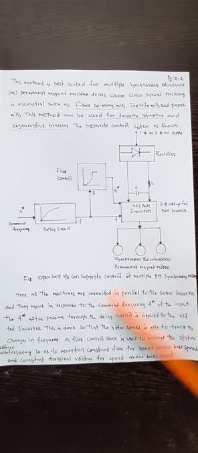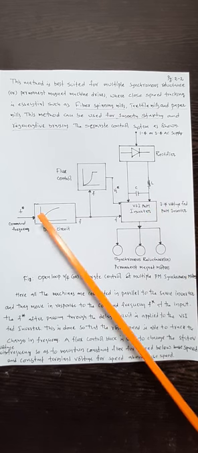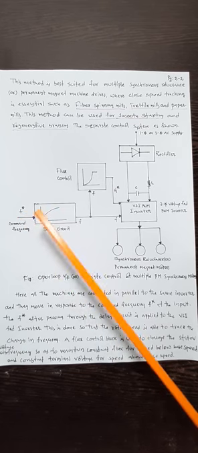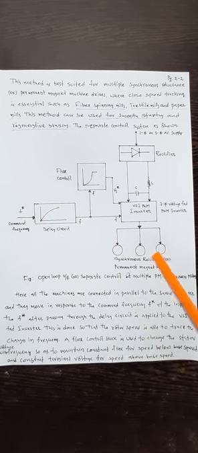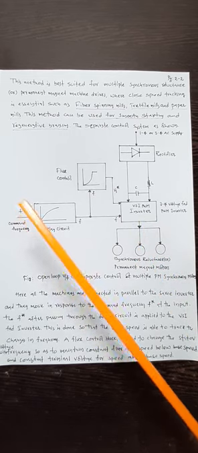Here all machines are connected in parallel to the same inverter, and they move in response to the command frequency F star at the input. So all the parallel connected synchronous motors depend completely upon the command frequency F star.